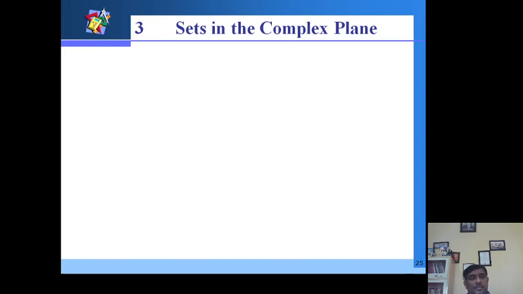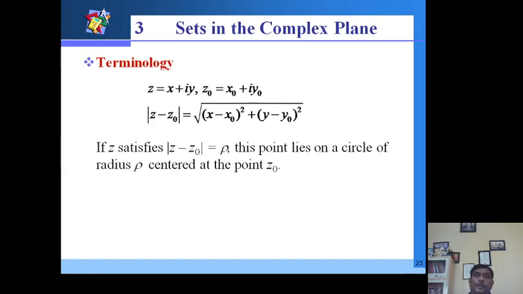Now we will discuss sets in the complex plane. Z is equal to x plus iy and z naught is equal to x naught plus i y naught. Then the distance between z and z naught, that is modulus of z minus z naught, is equal to root of (x minus x naught) the whole square plus (y minus y naught) the whole square.